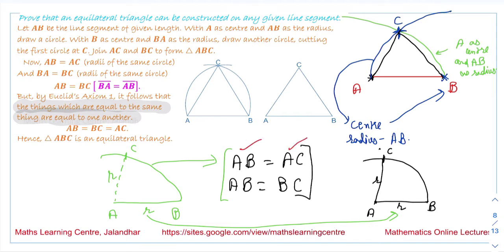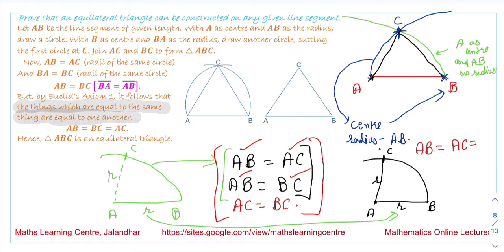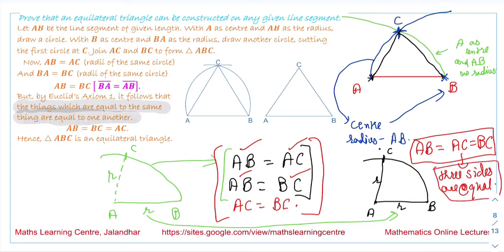So AC is equal to AB, BC is equal to AB. So we get AC is equal to BC. Combining these 3 results, we get that AB is equal to AC is equal to BC. So all the 3 sides of the triangle are equal, and this is the definition of an equilateral triangle.